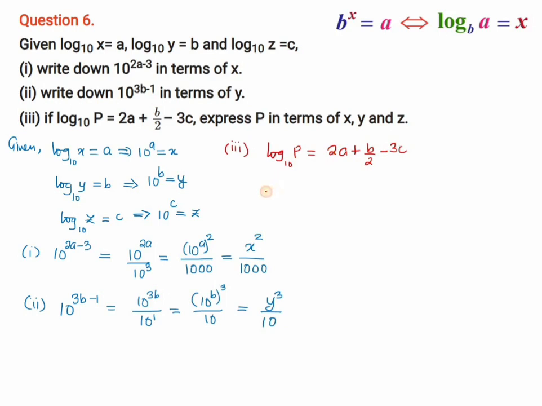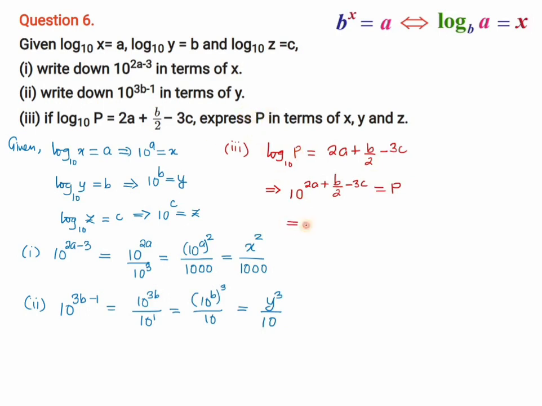So when you change this into the exponential form, this becomes 10 to the power x, this is the entire thing, 2a plus b by 2 minus 3c, is equal to, we will have equals to p, and that's what we need to find. We need to find what is the value of p.